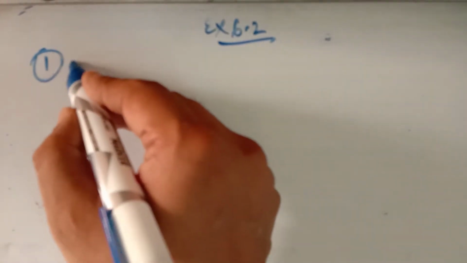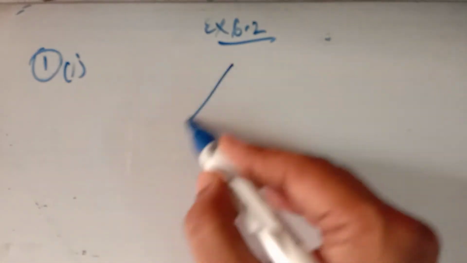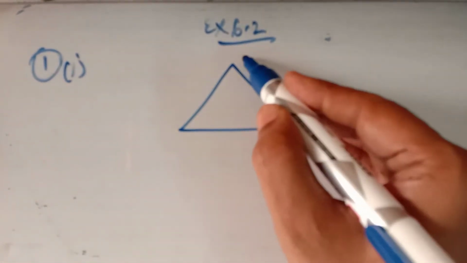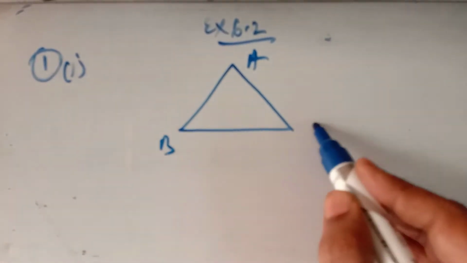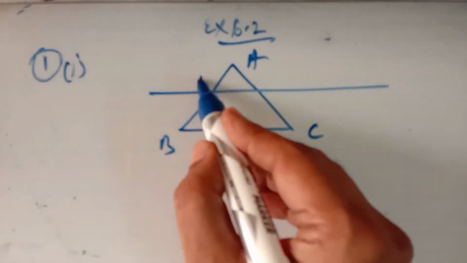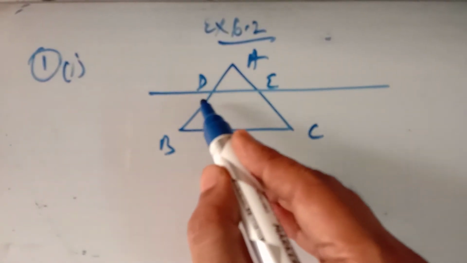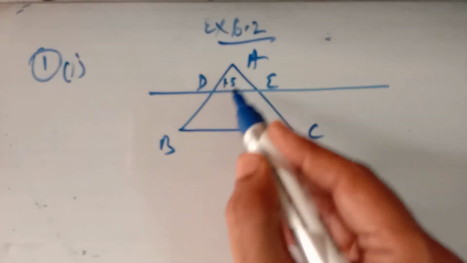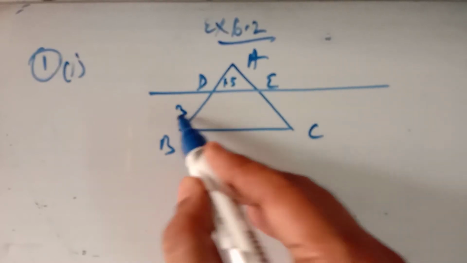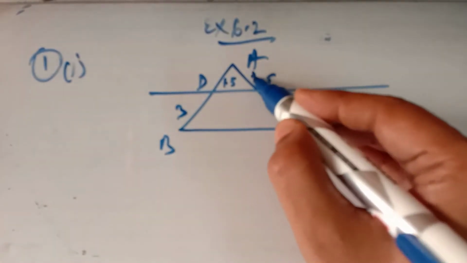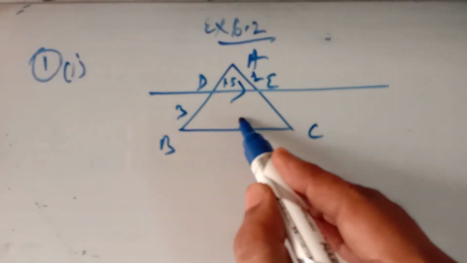So in question number 1, first part, we have triangle ABC and there is a line DE. It is given that this is 1.5, this is 3, and this is 1, and you have to find EC, and this line is parallel to this.